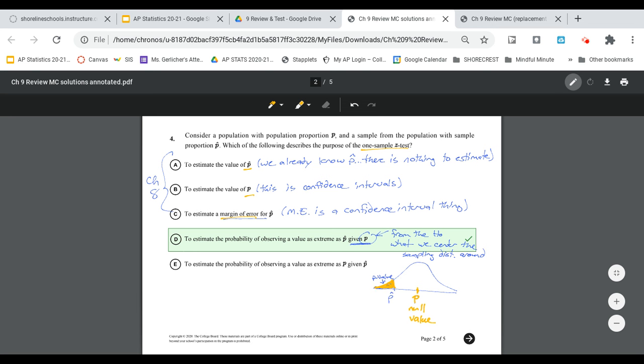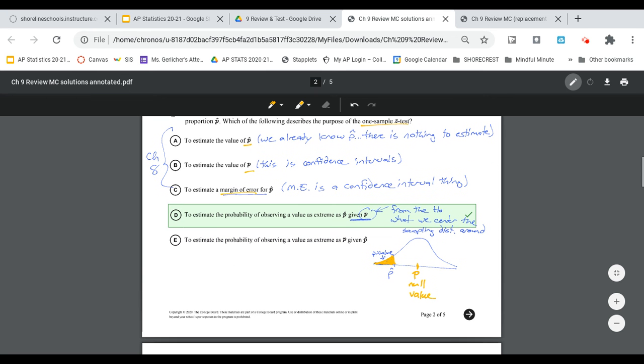So the whole point of a p-value is to find the probability of landing in that shaded region. And that number is a way to quantify, is p hat really extreme compared to p? Is what we got in our sample really extreme compared to what we expected to get based on the null hypothesis claim? So given p is referring to, we assume the HO is true. So how extreme is the sample, assuming the HO is true?